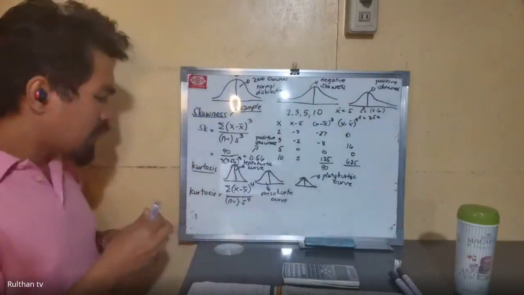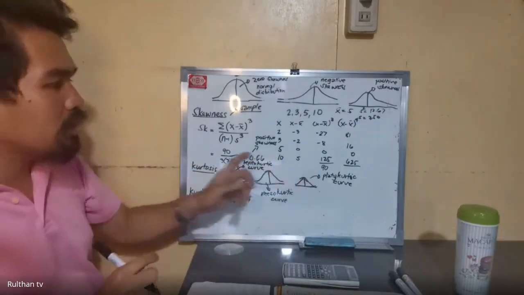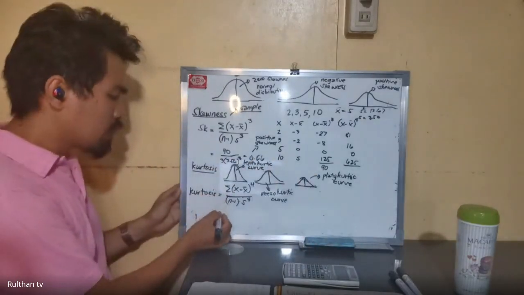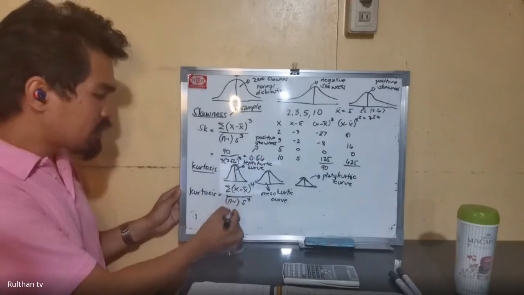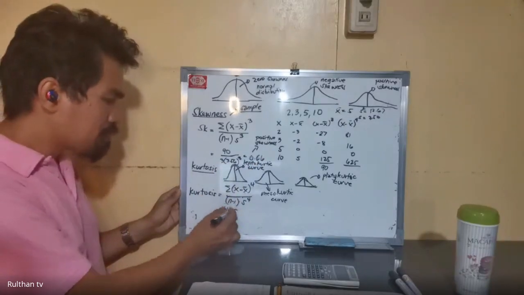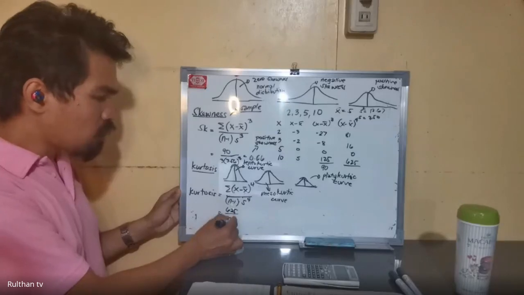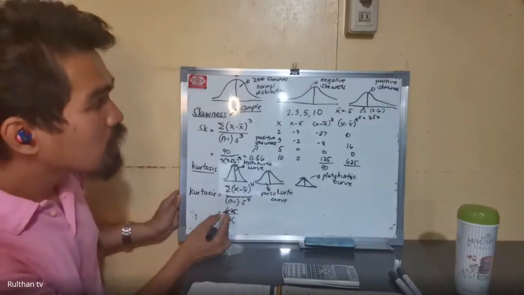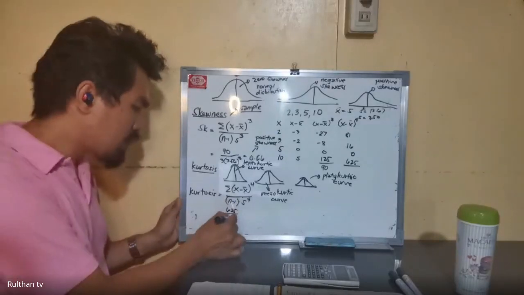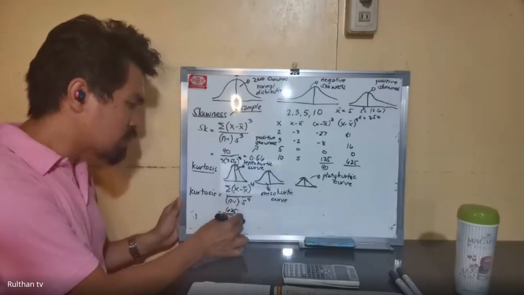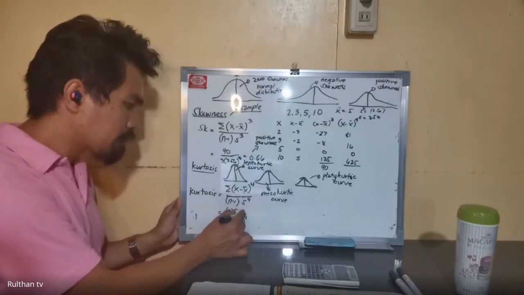Anyway, let us solve for the kurtosis of this one. We have 625 divided by 4 times, what is our S? 3.56, 3.56 raised to 4.